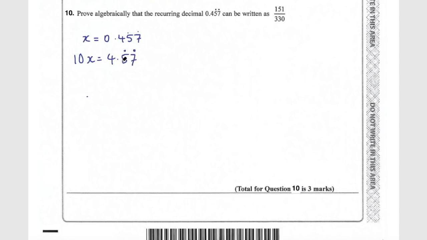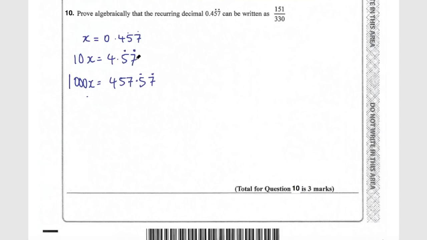So if I just multiply this by 10 again, I'll get 45.75 recurring. That's no use because I can't then eliminate the recurring decimals. So what I can do is multiply it by 100. So I get 1000x equals 457.57 recurring.